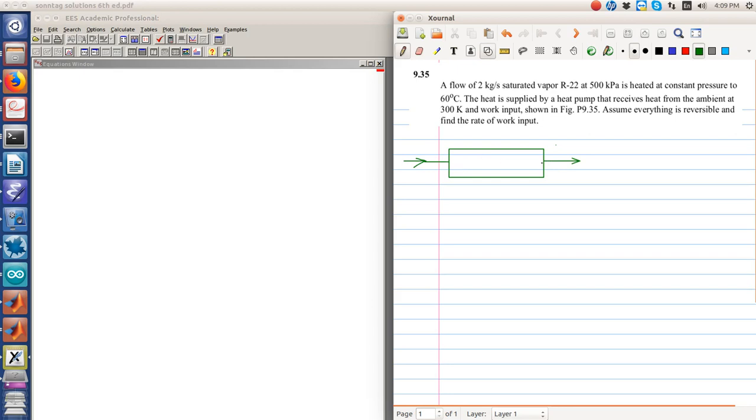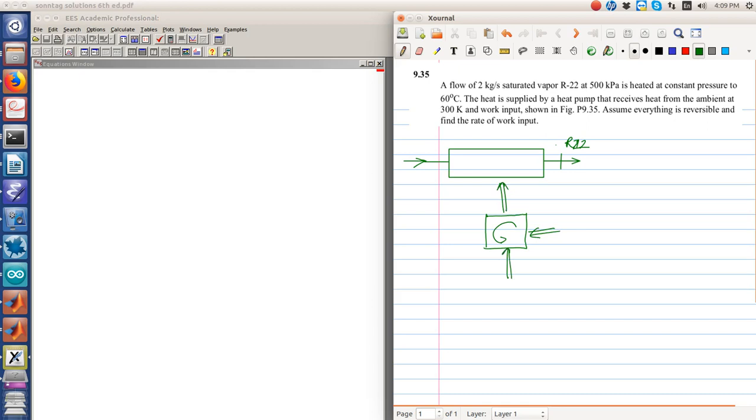The fluid that goes in is R22, and this is heated by a heat pump.